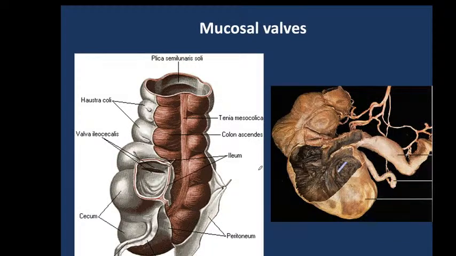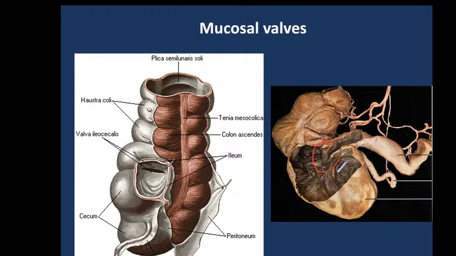And sometimes mucosa produces special structures we call the valves, and they help to make peristalsis in only one direction, from intestinum to the colon.